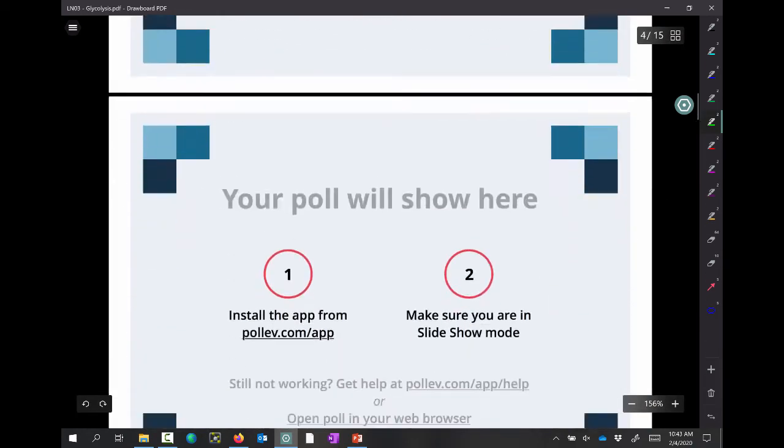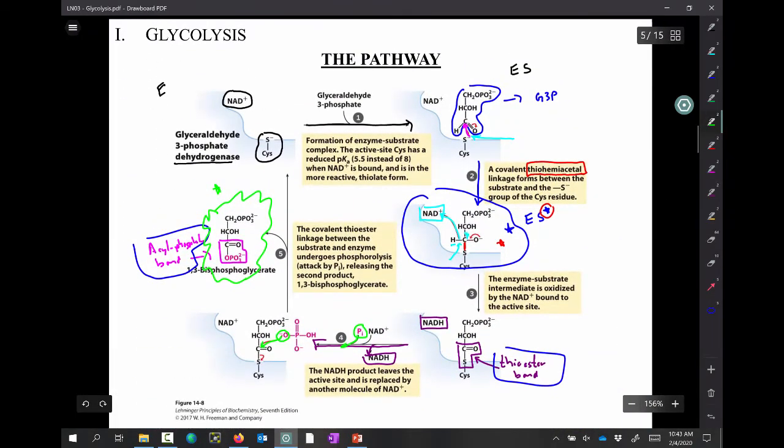I wanted to show you that, and this will be one of the very few enzymatic mechanisms that we'll go through in this class, because one of the goals of this class is that you would understand how energy can be transferred from one place to another. We've already talked in previous lectures about how an electrochemical gradient can be used to drive conformational changes in a protein that will then allow movement of some molecule against the gradient.